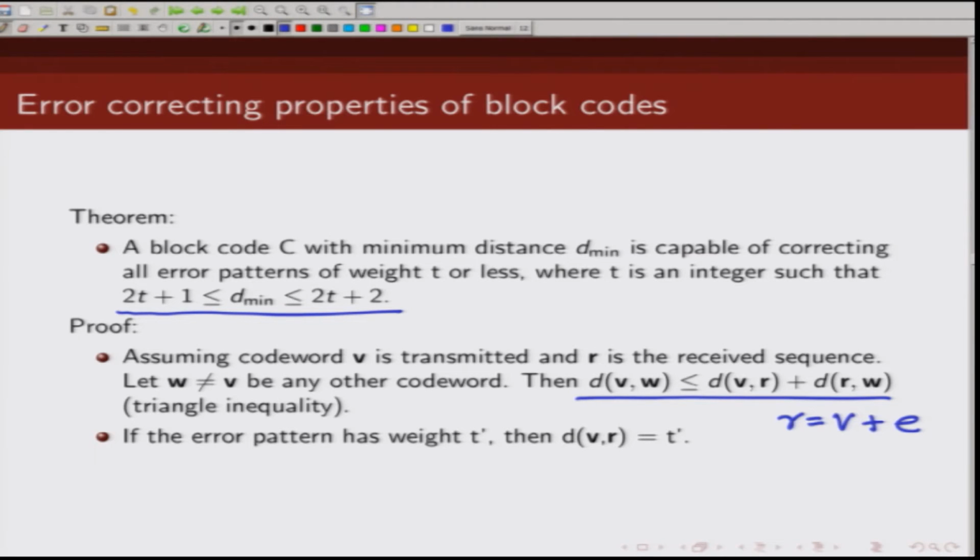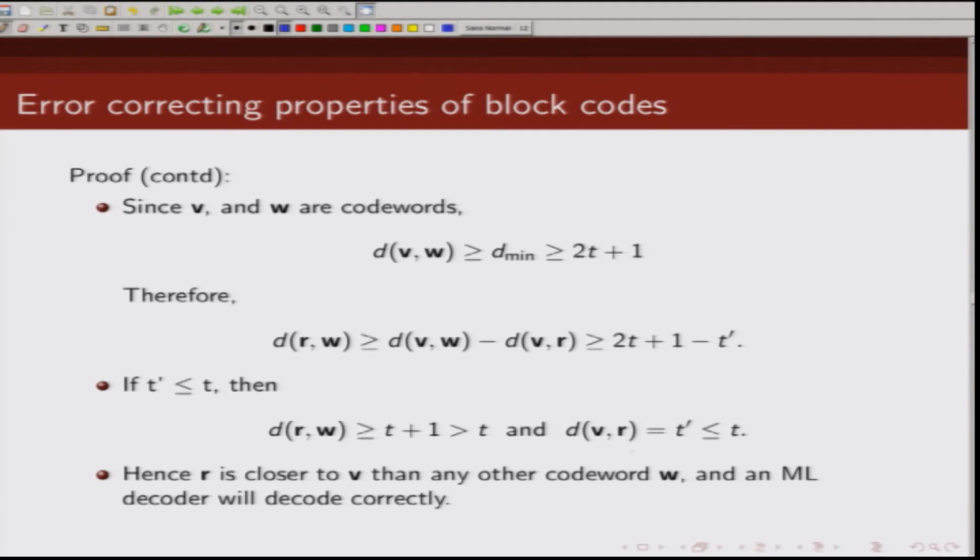So, if the minimum distance of the code is at least 2t plus 1 and less than or equal to 2t plus 2, then it can correct all error patterns of weight t or less. As we can see here, the received code word is closer to v than any other code word w, so it will decide in favor of v, and this r will be decoded as v.